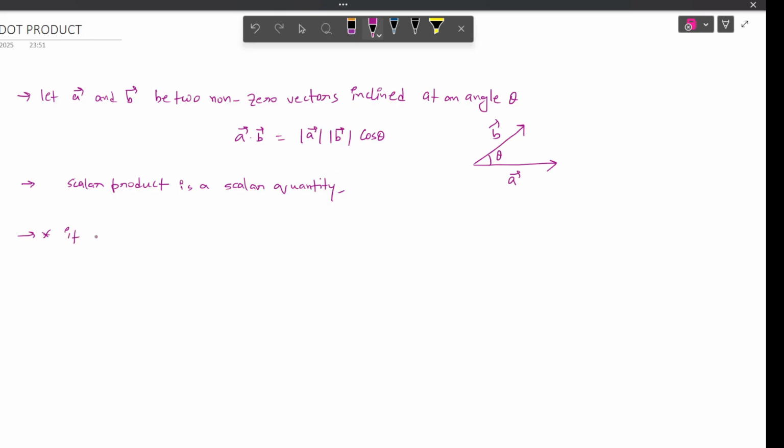Okay, so if a vector or b vector or both is a zero vector, then theta is not defined as a zero vector has no direction.